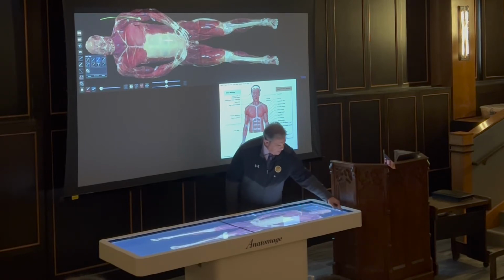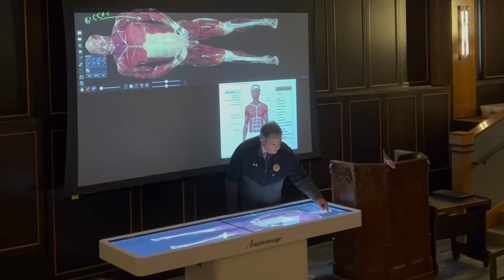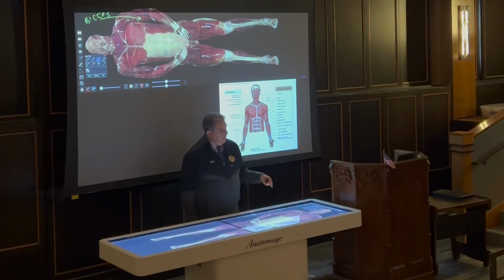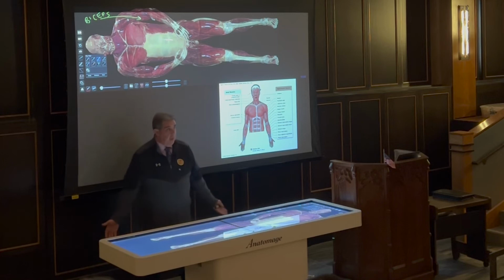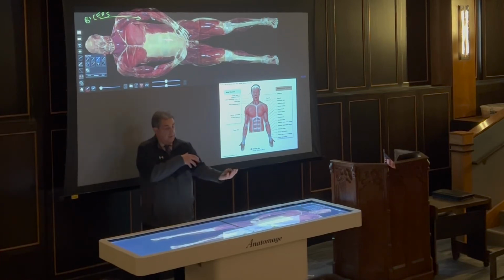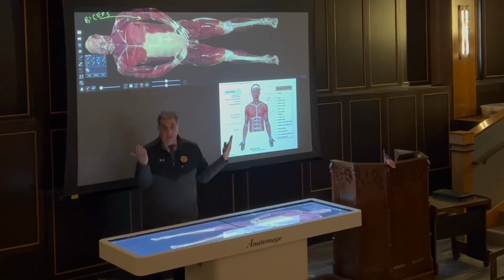So that's the biceps brachii muscle, and its main function is the agonist in flexion of the elbow, right? So when it contracts, it's going to cause flexion of the elbow. So that would be the agonist in flexion.